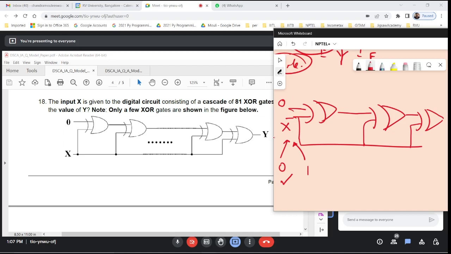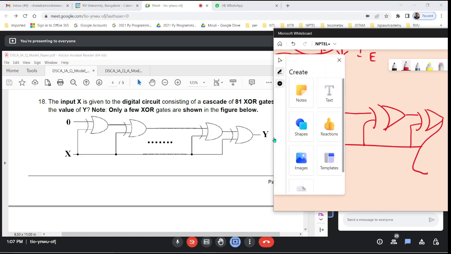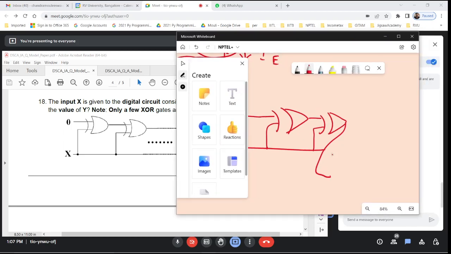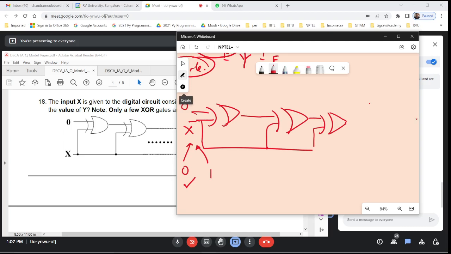You cannot draw 81, so let us put an odd number of gates, and then we'll see how the output changes with odd and even numbers of gates.